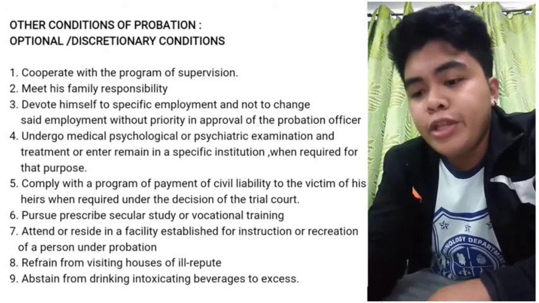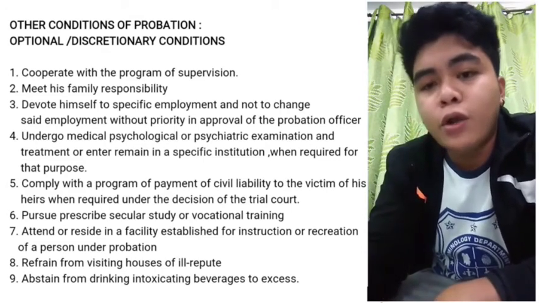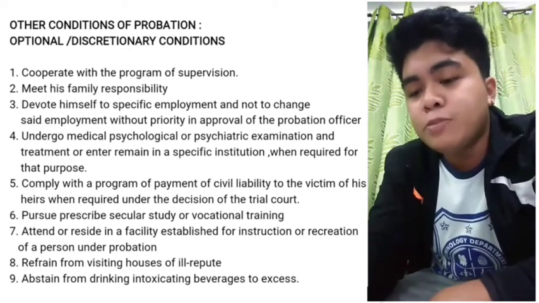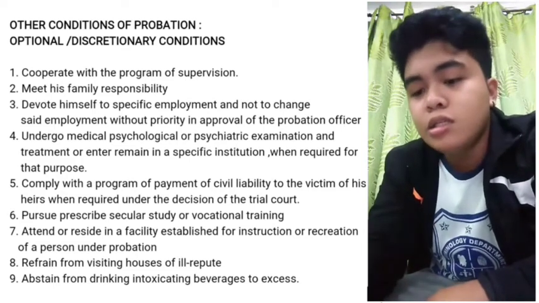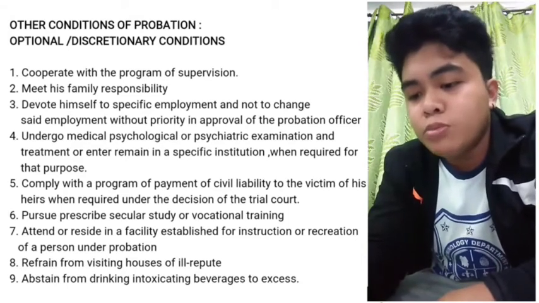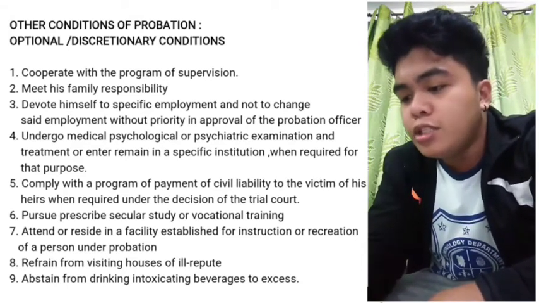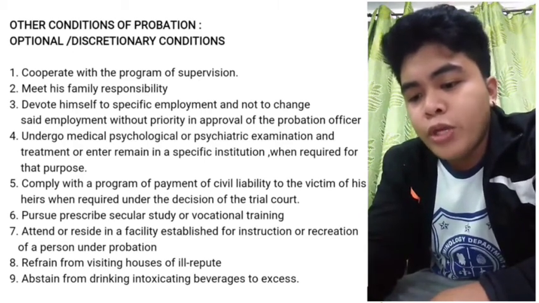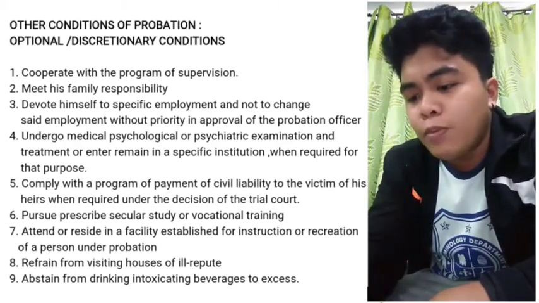Then meet his family responsibilities. So you may meet your responsibility to his family. Then devote himself to specific employment and not to change said employment without prior written approval of the probation officer.